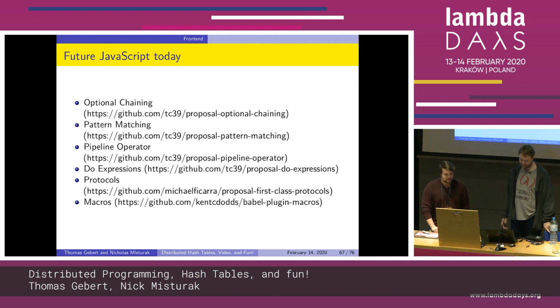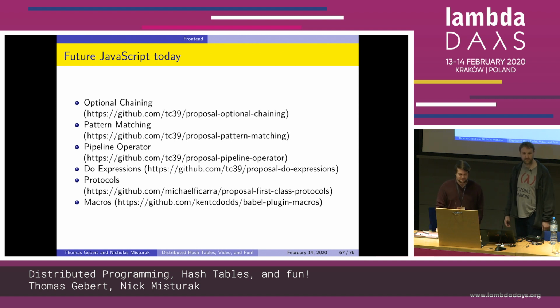Pattern matching, a pipeline operator, so a way of easily composing functions together where you pipe the results of one function into the input of another and get the ability to build larger functions out. I still have to reach for Lodash and its compose, or sorry, I think it's flow, or whatever they're calling it now. I think they've changed the name of it a couple times.